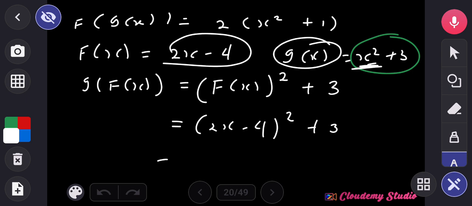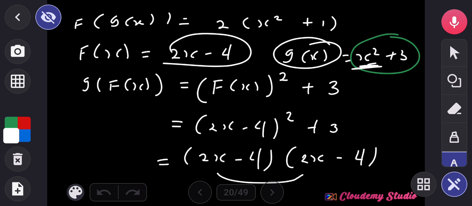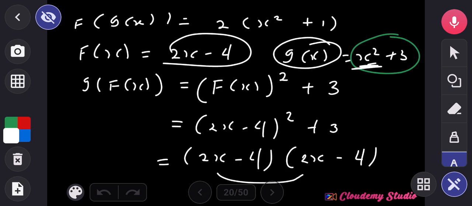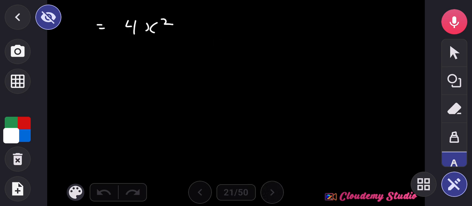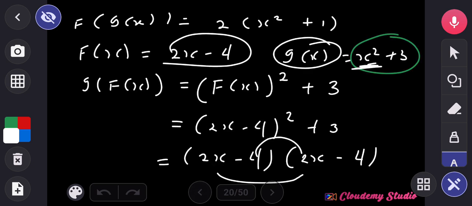If you open this bracket, you're going to have 2x minus 4 multiplied by 2x minus 4. 2x multiplied by 2x gives 4x squared. 4 multiplied by 2x is 8x, another 4 multiplied by 2x is 8x, so you are going to have minus 16x. Then remember there is plus 3 here.